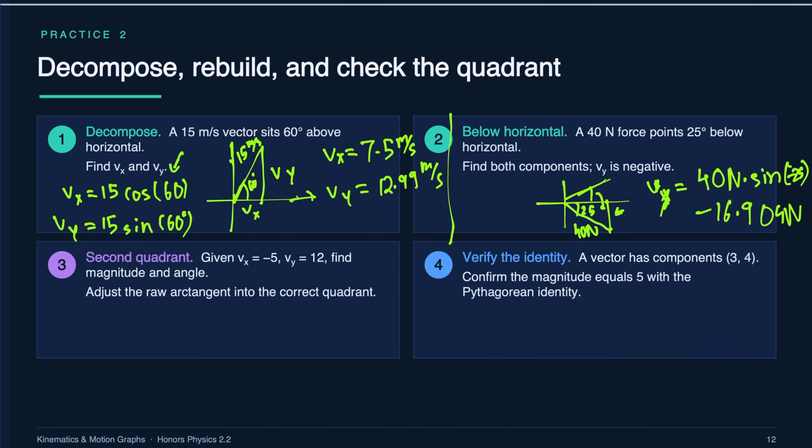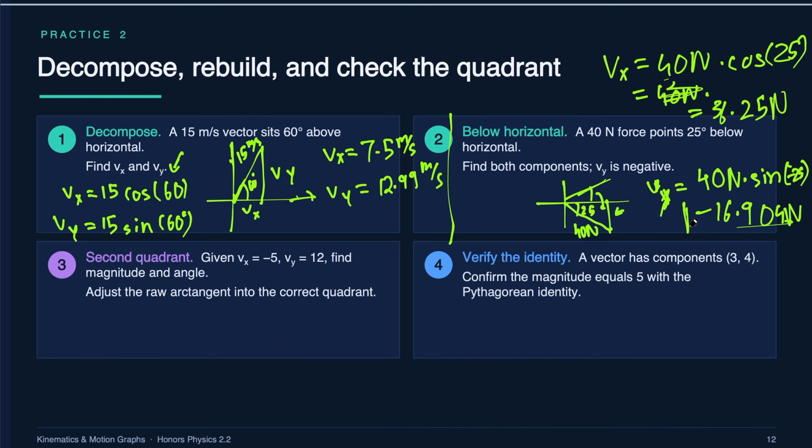And Vx would be 40 newtons times cosine of 25. Yeah, so it would just be 36.25 newtons. Okay? And obviously, make sure the negative is over here.